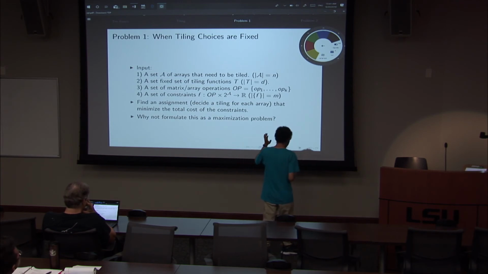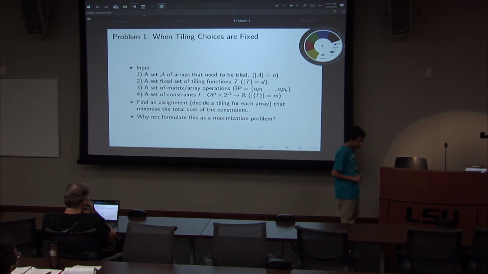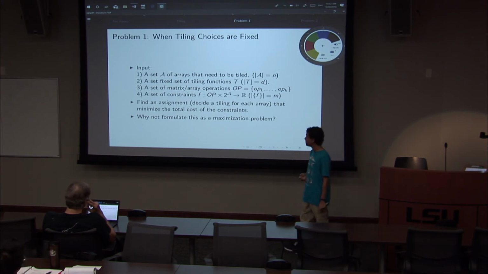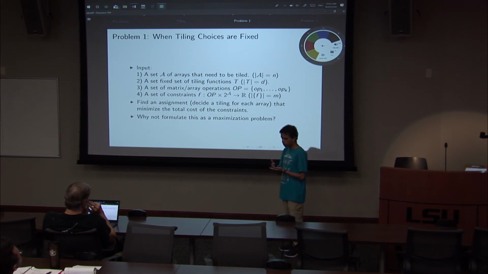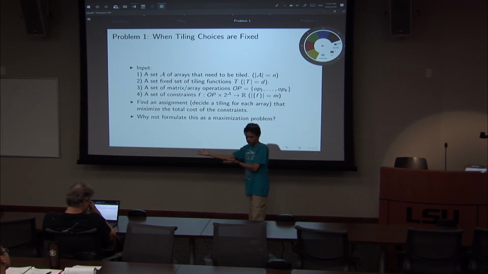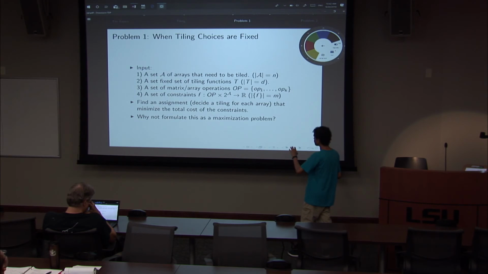Okay, so in this particular problem, you have a set of arrays which you want to tile. A fixed set of tiling functions, so it is like row-wise, column-wise, blocks, say those three.